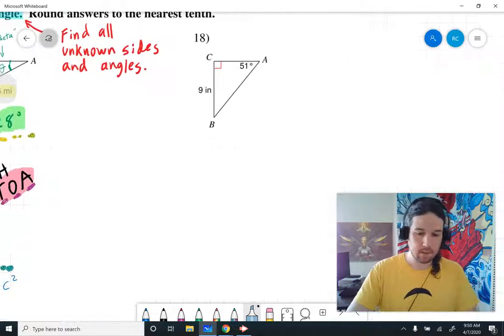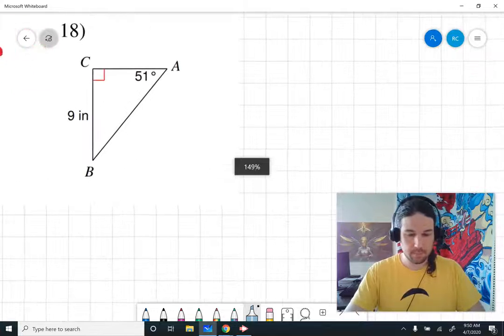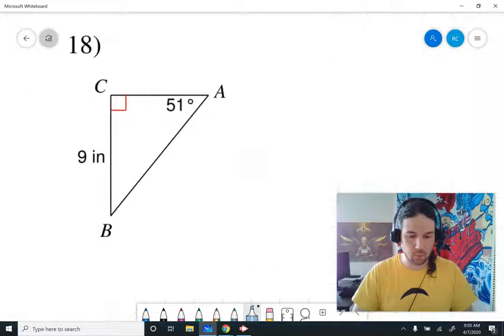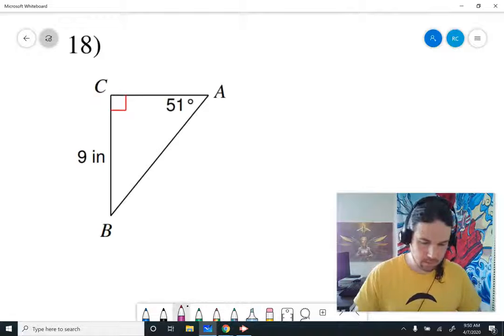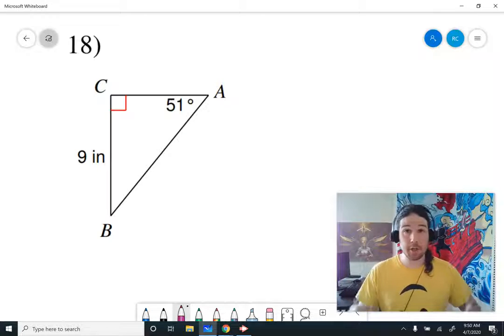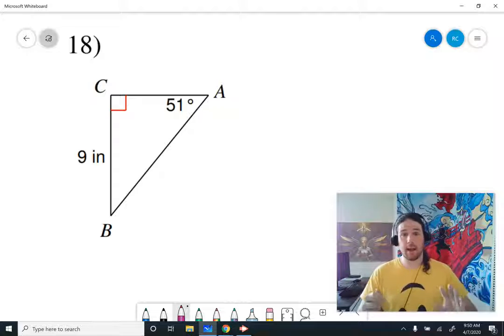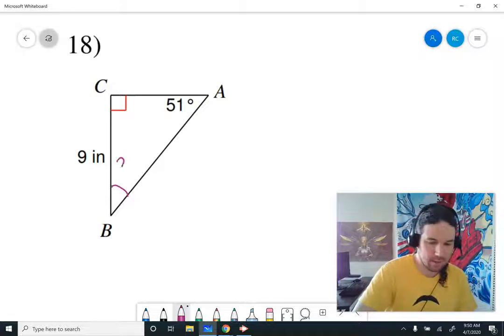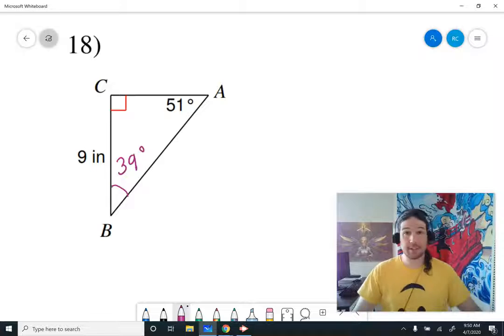Okay, here we go. We've got this other right triangle, and it's got a 51-degree angle. So I am going to show my work here, though. Like, I'm not just going to label this as, what's it going to be, 39? I mean, that's true, but this is a math class.